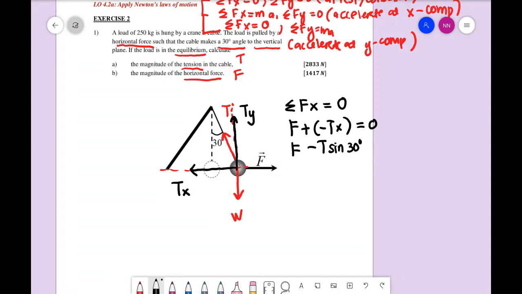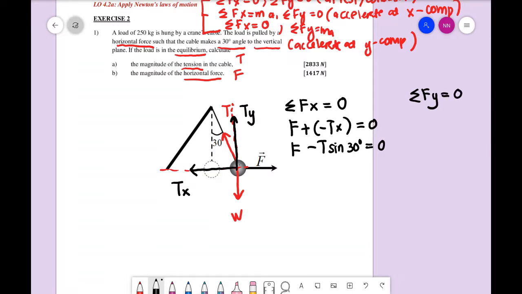Okay, we can relate Tx with T and the angle theta. So this equation has two unknowns, F and T. Okay, we leave that equation. Okay, proceed to net force y equals to 0.